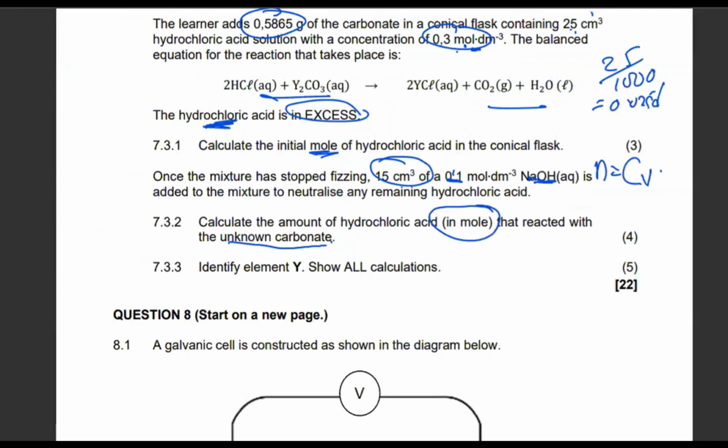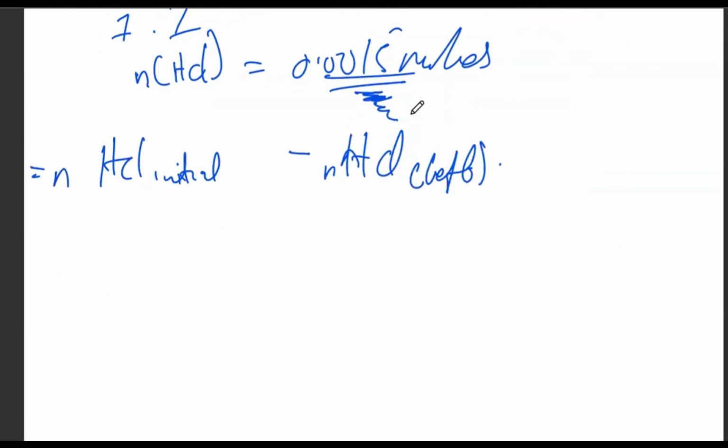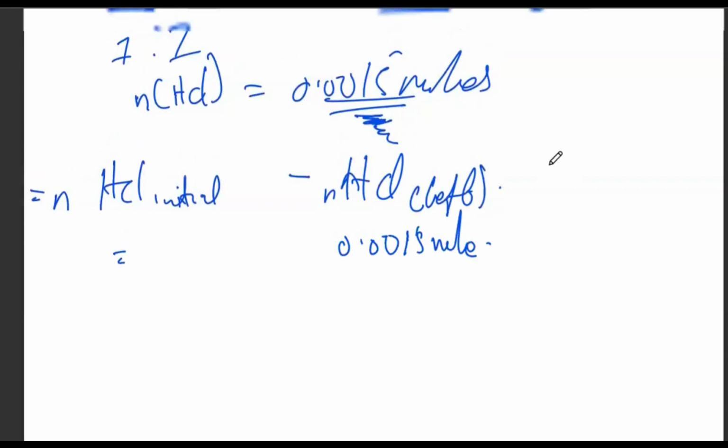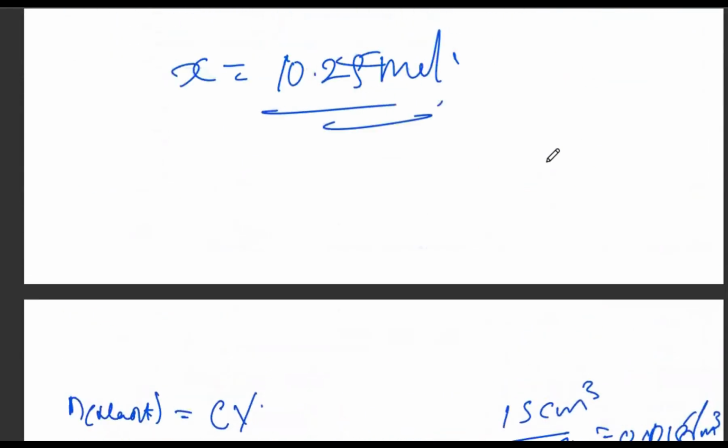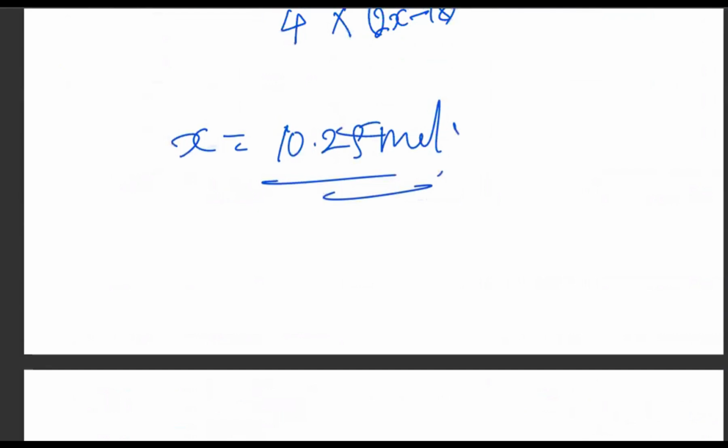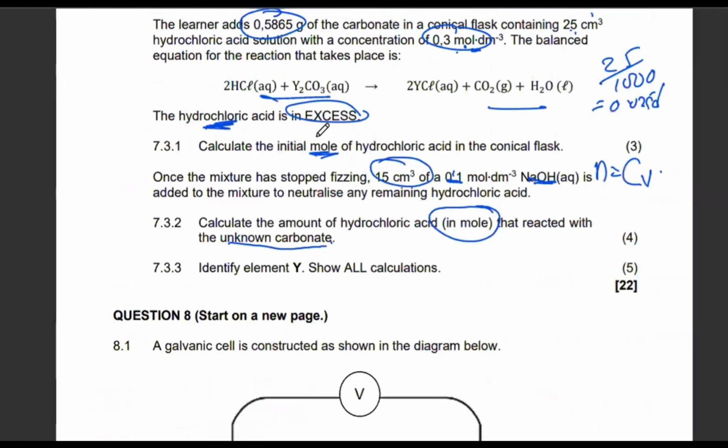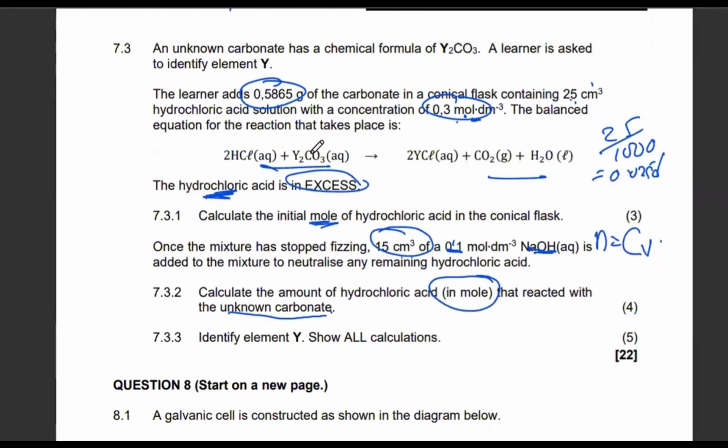Remember, the final we have is 0.0015 moles, and then the initial. If we do a small calculation here, number of moles is equal to concentration times volume.